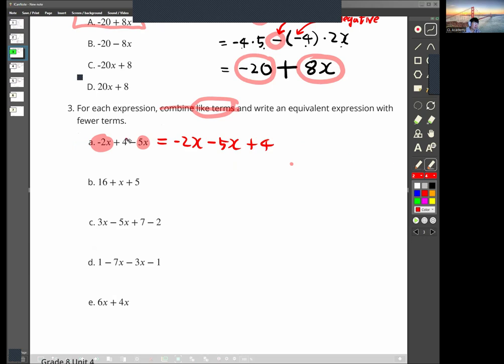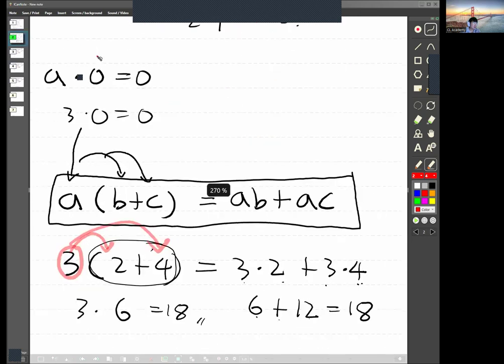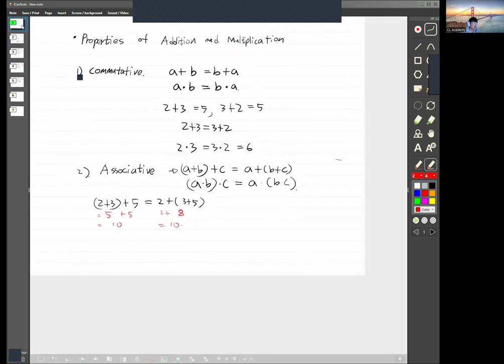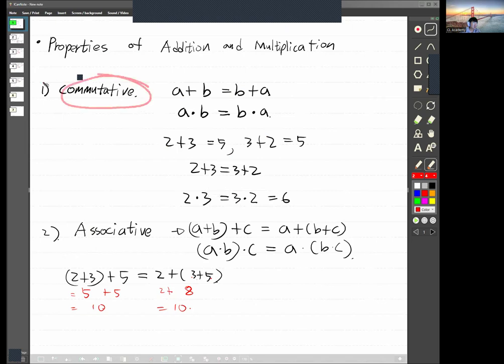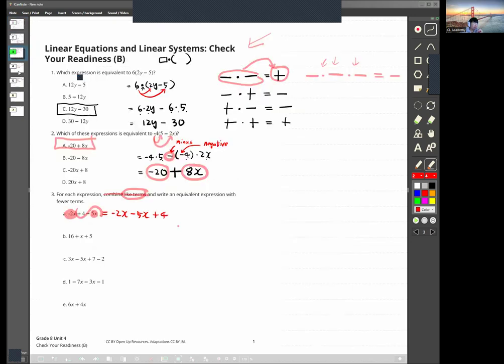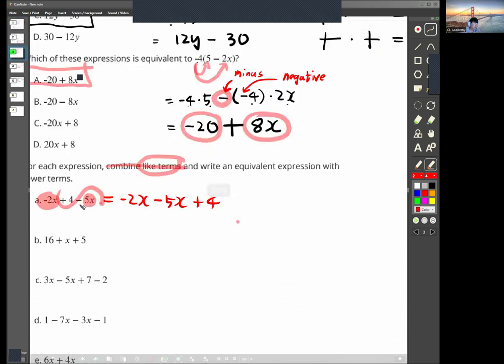Oh, I switched plus 4 and minus 5x. Why can I do that? Commutative property. It doesn't really matter. When you add, you can just swap it. Now here, there is a minus.